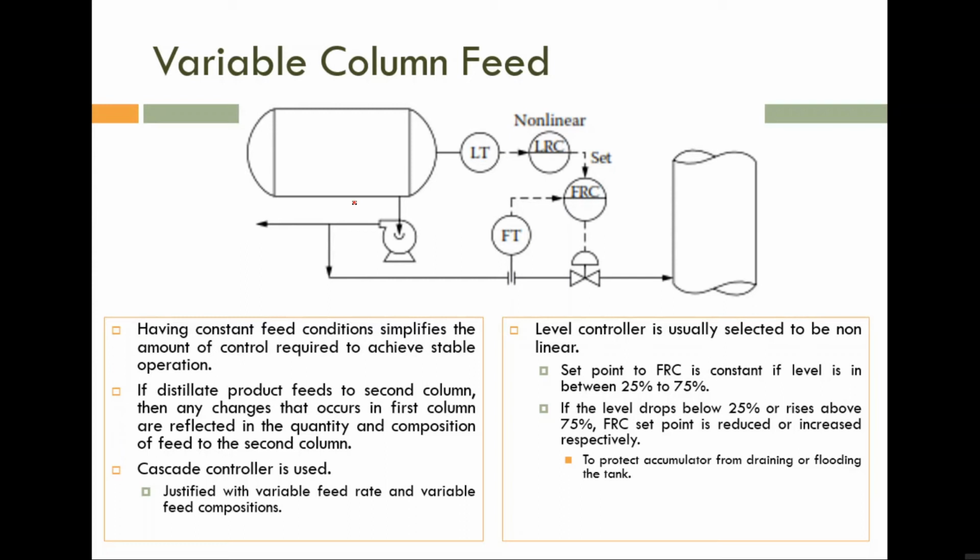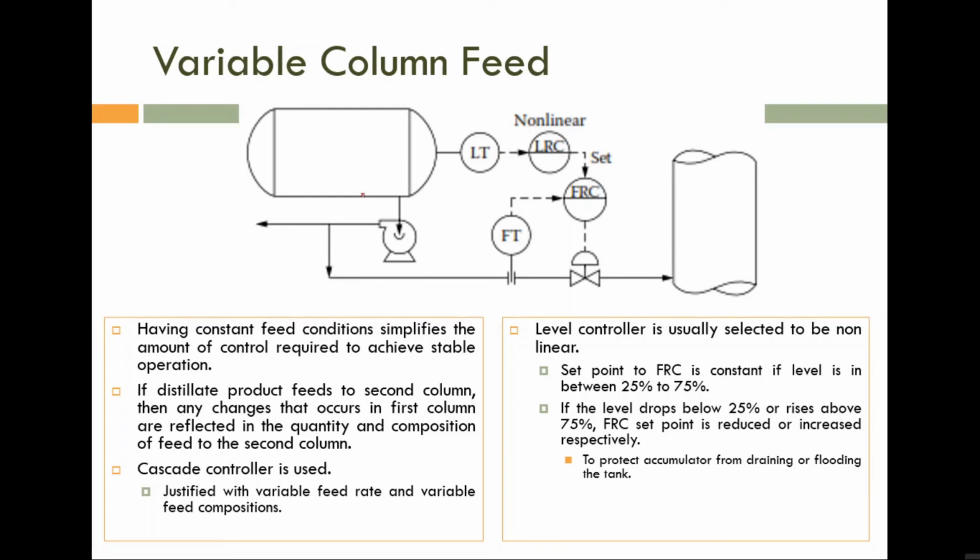Rarely that situation will occur. Otherwise, the liquid level inside the accumulator will be in between 25% to 75%. Means the set point is constant, the flow rate of feed into the second distillation tower is constant. So this one is maintained at equilibrium condition. Is it okay? So that one is the operation of this variable column feed flow rate controller.